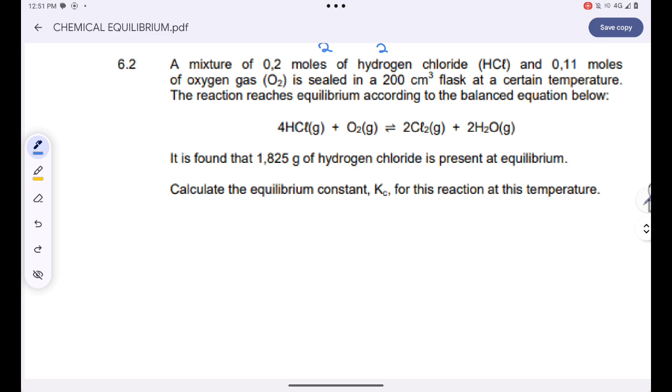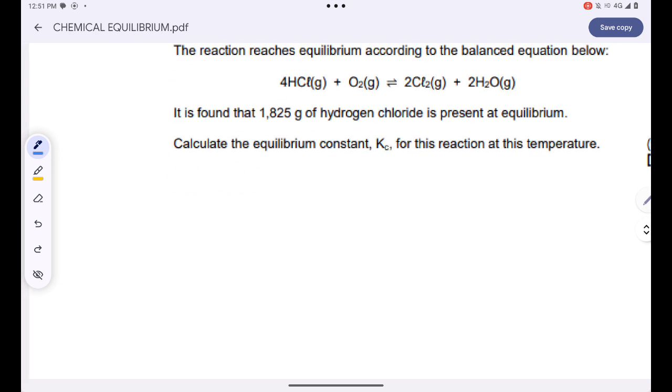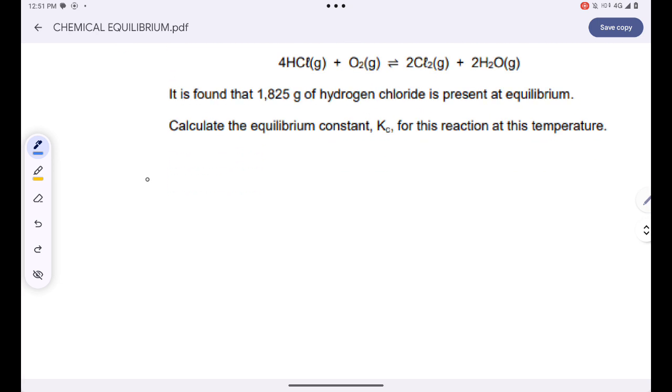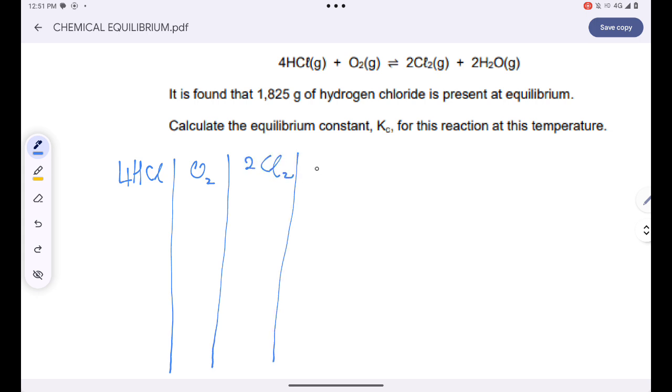Then we are told that it is found that 1.82 grams of hydrogen chloride is present at equilibrium. So I simply have 4 hydrogen chlorides, I have oxygen, I have 2 chlorine, and then I have 2 moles of steam.